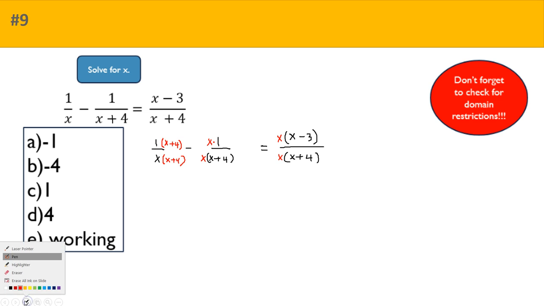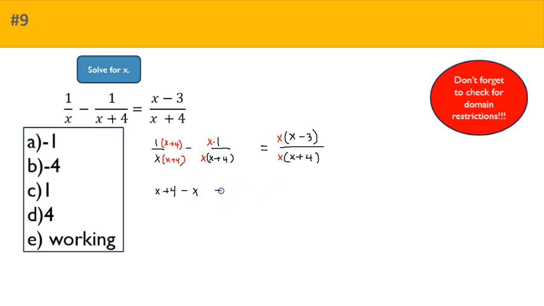Now that the denominators are the same, you can just take the numerators and focus only on the numerators. So we're going to say 1 times x plus 4, which is x plus 4. x times 1 is x.